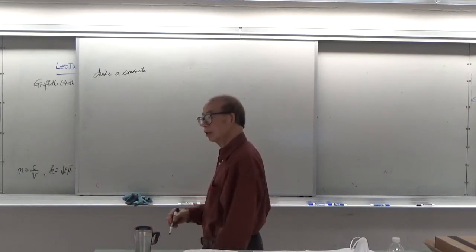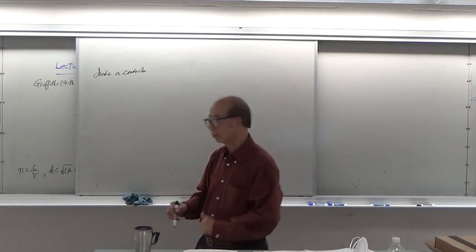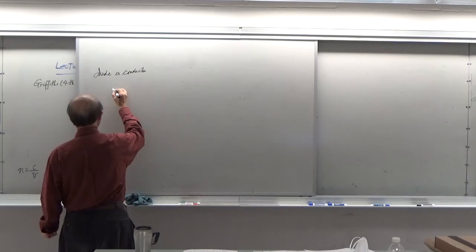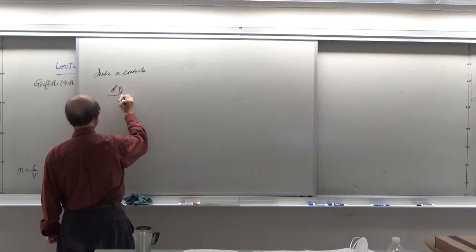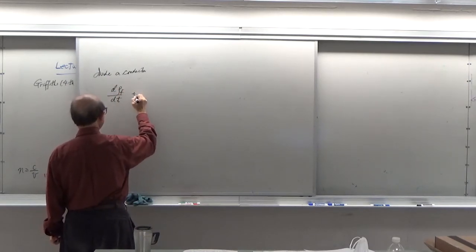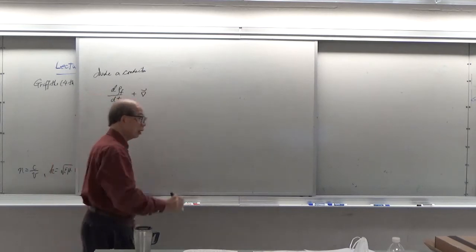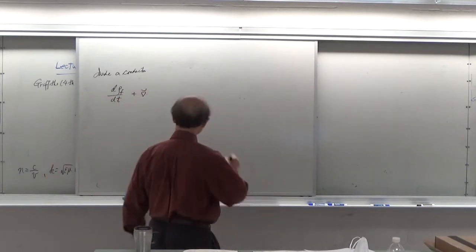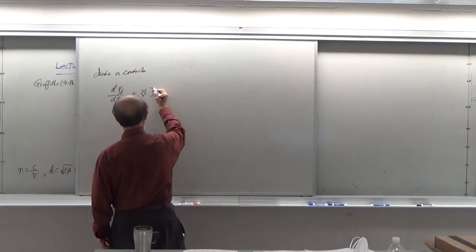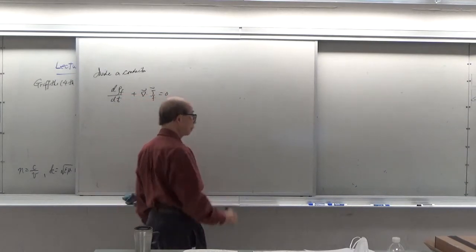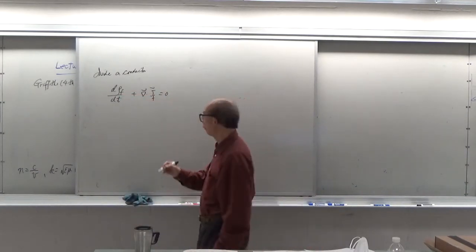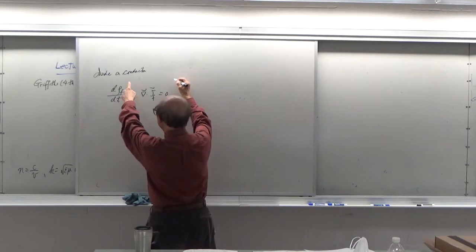Let's start with the conservation of free charge. So we have d rho free by dt plus the divergence of the free current equals 0. And free current here, of course, we are inside a conductor.